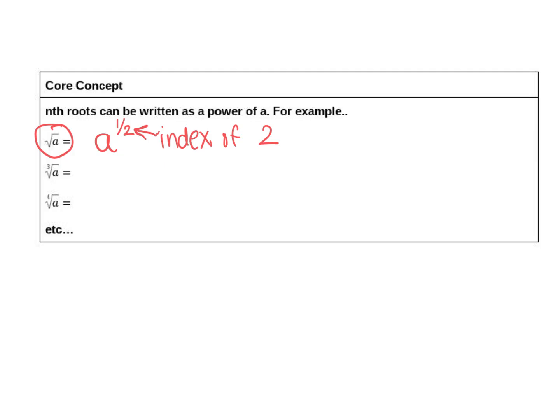So this one's a cube root, so this can be written as a to the 1/3 power. This one's a fourth root, this can be written as a to the 1/4 power. Whatever the denominator is, that is the index, and vice versa.